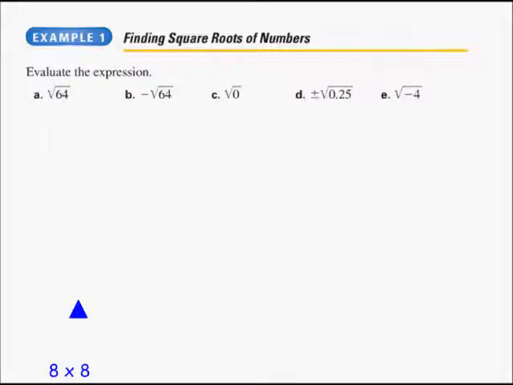So if we start things out, we're going to look at the square root of 64. Now, because we know that 8 times 8 is 64, we can say that the square root of 64 is going to be 8.